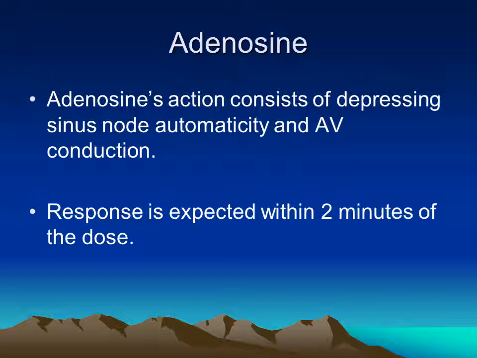Response is expected within 2 minutes of the dose. Hemodynamically, the intravenous bolus dose of 6 to 12 milligrams of adenosine usually has no systemic hemodynamic effects. When larger doses are given by infusion, adenosine decreases blood pressure by decreasing peripheral resistance.